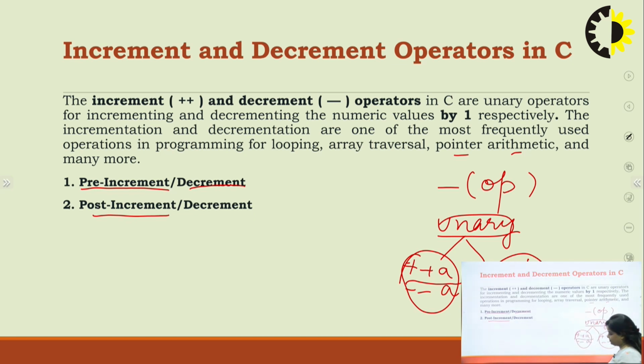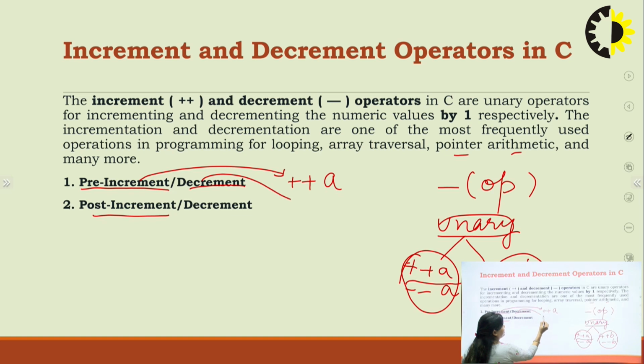So, understand it in a very clear manner. Pre-increment: pre is something which comes before, right? So let's say if A is a variable, then the operator comes before.